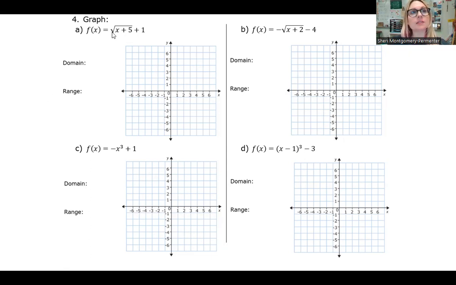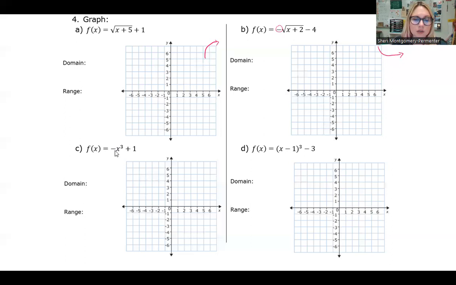I noticed that this one is a square root, so it's gonna have that shape almost like the square root symbol. So I know when I go to graph it, it's gonna have that shape. The second one, I noticed that it's negative, so I'm gonna give myself a little note that it's gonna be a shape like this.